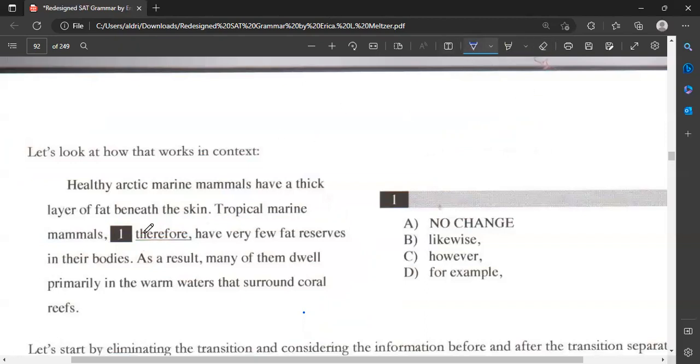So try to read this whole sentence without this part. Let's remove this comma, and then just try to read from the very beginning, from healthy up to bodies. Doesn't this still make sense? The only difference is when we put however, we're just putting a transition, making it flow better. But does it still make sense?